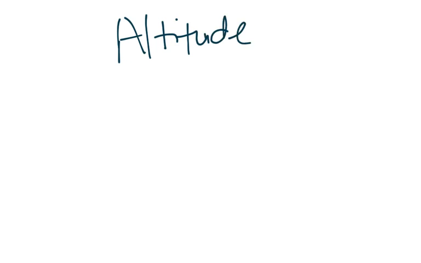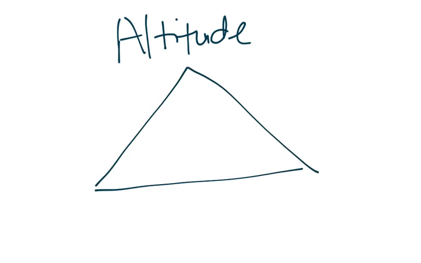Okay, the next thing we're going to go over is altitude. You might already know what an altitude is because of area in middle school. But altitudes are when in a shape, let's draw a shape here, it comes from the top and comes down at a 90-degree angle. And it could be inside the triangle or the shape, or it could be outside.